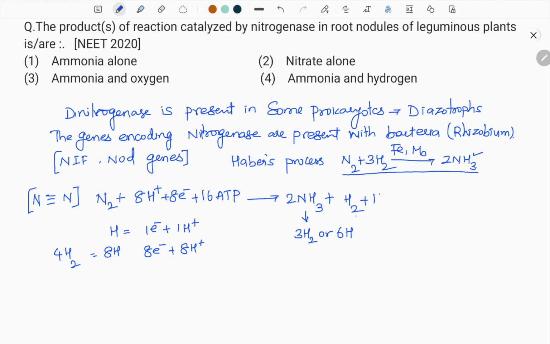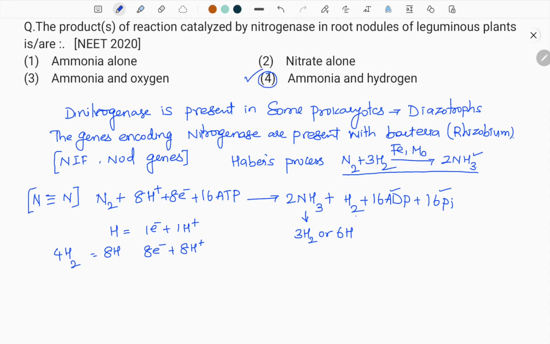Next we have here 16 ADP and 16 inorganic phosphates. So the byproducts include hydrogen, ADP, and 16 inorganic phosphates. So the answer here is that during biological nitrogen fixation by nitrogenase, ammonia is not formed alone, but along with ammonia, hydrogen is also formed.